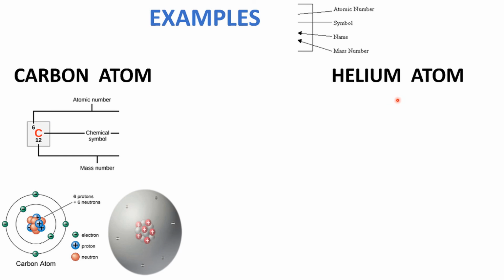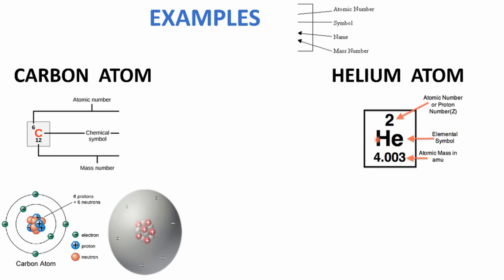Another example, the helium atom. This is the helium symbol, and this is the atomic number, and this is the mass number. The number of protons, which have a positive charge, is the atomic number, and the number of protons and neutrons, the mass number, equals 4.